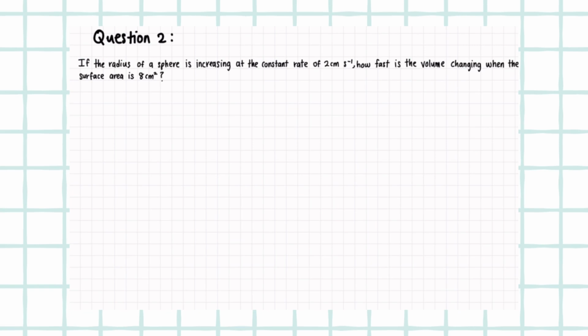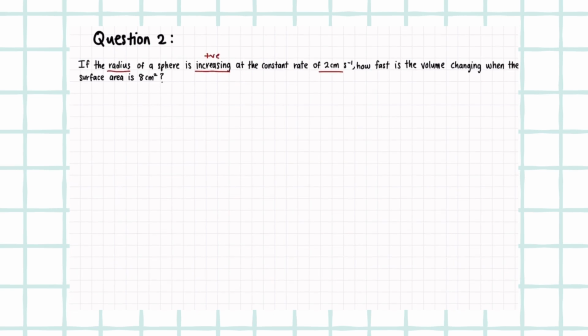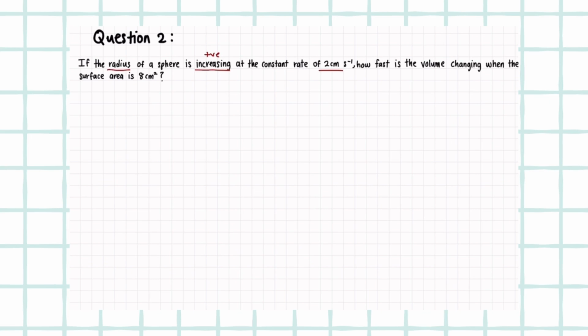The first information is the rate of change in radius of a sphere that is increasing, which is 2 cm s⁻¹. Remember, if the question mentions decreasing, deflated, and etc., you must add a negative sign. In this case, you don't have to add because it is already a positive sign.